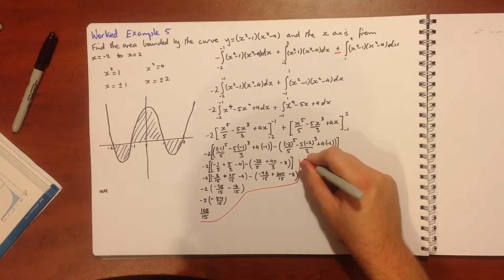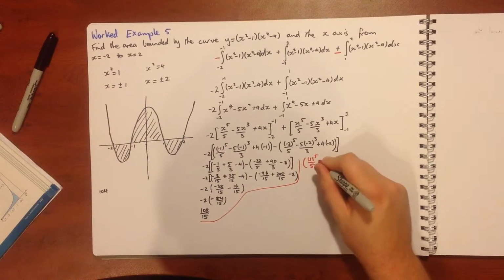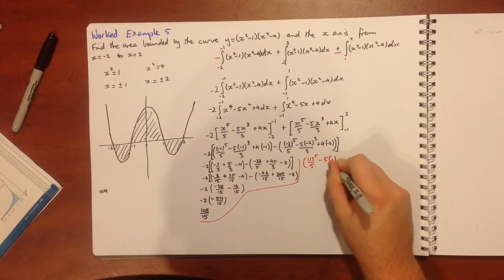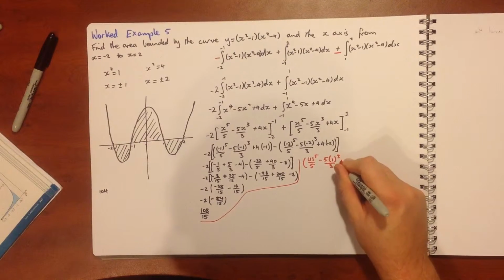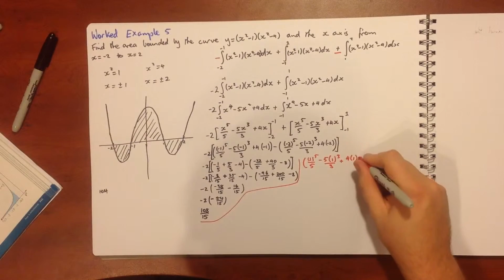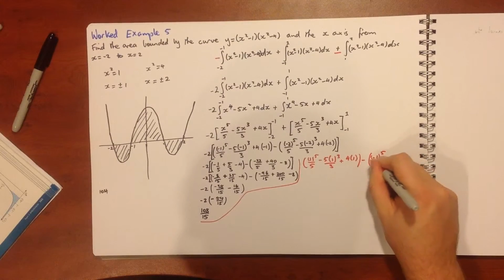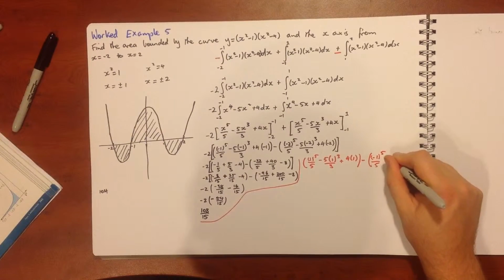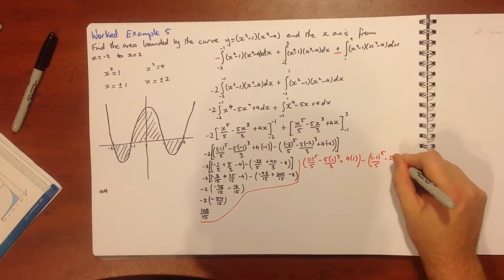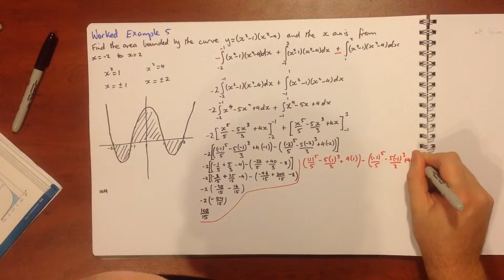So we're going to have 1 to the 5 on 5 minus 5 times 1 cubed on 3 plus 4 times 1, minus negative 1 to the 5 on 5 minus 5 times negative 1 to the 3 on 3 plus 4 times minus 1.